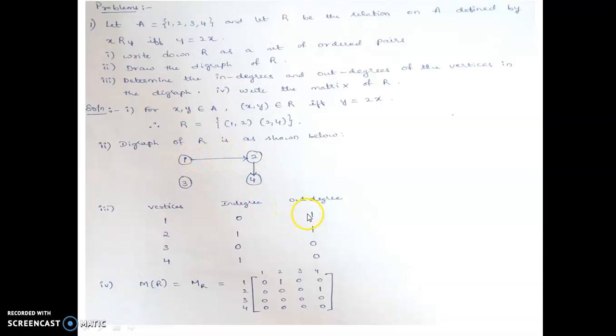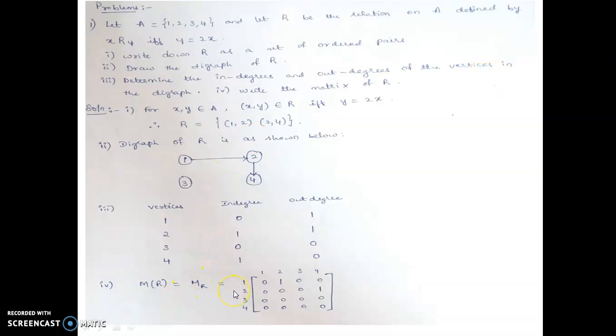For 2, the in degree is 1, because there is an edge from 1 to 2, and it has out degree also 1. There is no in degree and out degree for 3, so both are 0. We have one in degree for 4 and no out degree. We call these the in degrees and out degrees of the vertices.